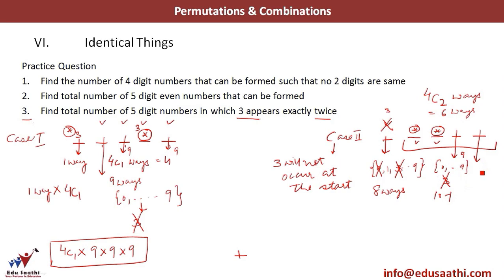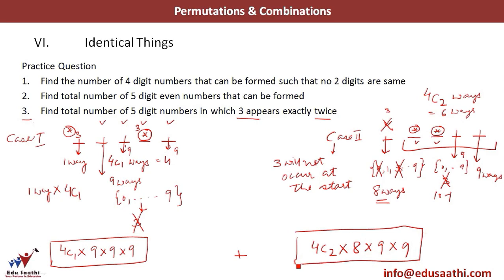Similarly, for the units place also, this can be filled in 9 ways. So what is my answer for this case 2? It is 4c2 multiplied by 8, multiplied by 9, multiplied by 9. So this is my answer to the second case.